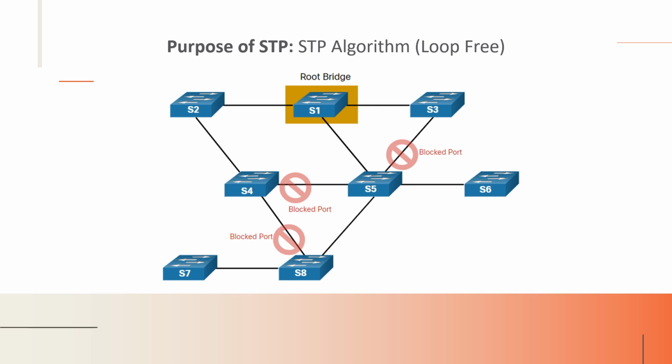By this, we create a topology where each switch has only a single path to the root bridge, similar to branches on a tree that connect to the root of the tree. And as you can see, each switch now has just one forwarding path to the root bridge.